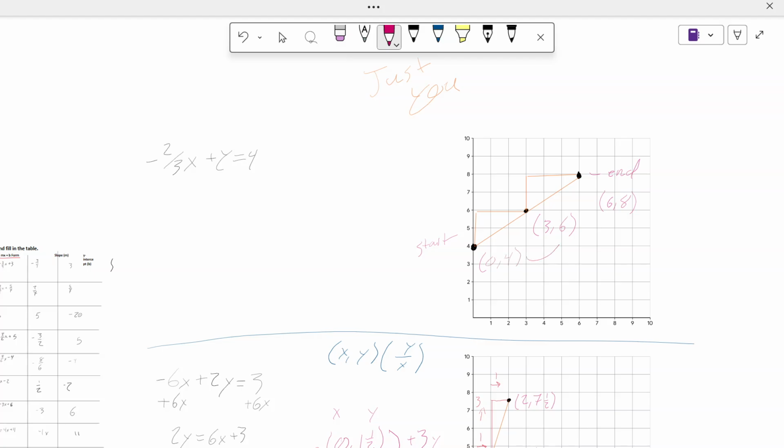We added 2y every time, so plus 2y plus 2y, and then on this side we added plus 3x, because our main equation is y equals 2/3 x plus 4.